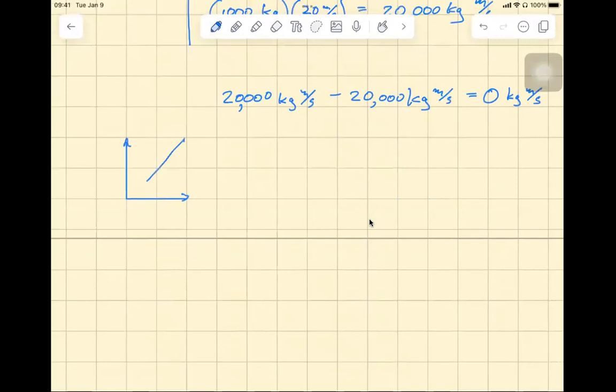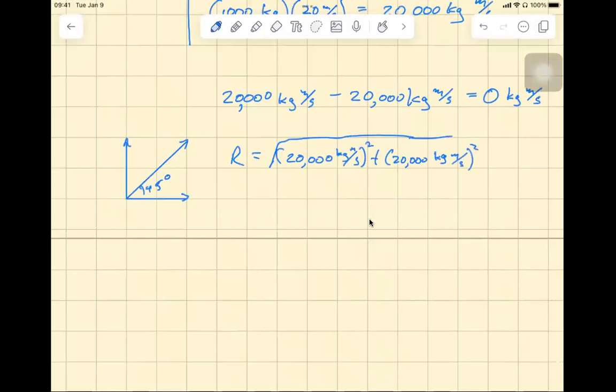The resultant is going to be, this is 45 degrees. So the resultant is going to be the square root of 20,000 kilogram meters per second squared plus 20,000 kilogram meters per second squared.